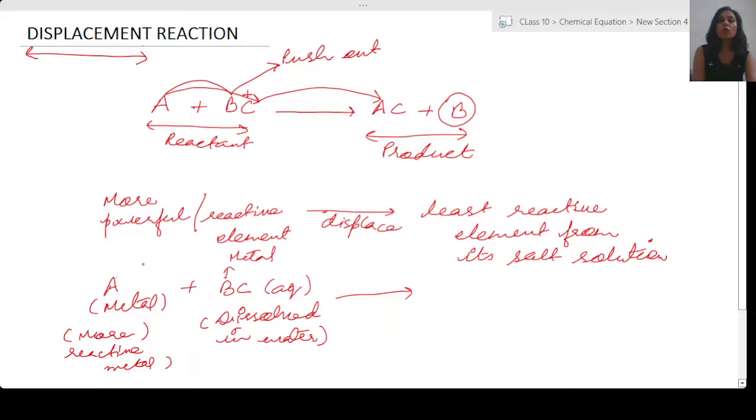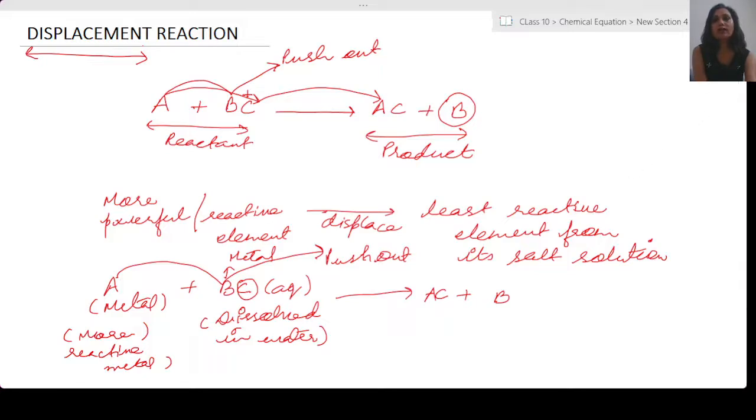So it will push out B from its salt solution, and it will form compound with C. So the product will be AC and B will lie alone. Right, so this is the basic principle behind a displacement reaction.